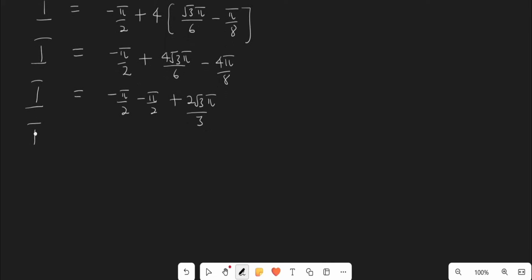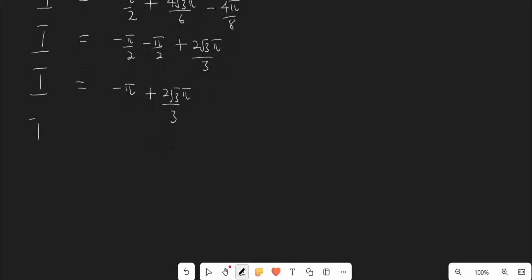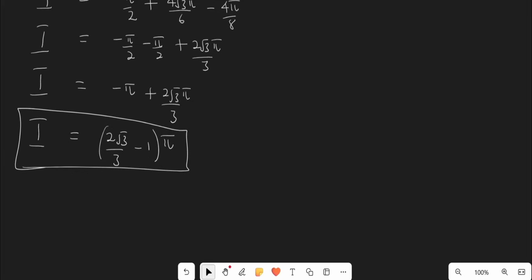Negative pi over 2 minus pi over 2 is negative pi, plus 2 square root of 3 pi over 3. And now what you have is the result for this integral, which is 2 square root of 3 over 3 minus 1, all multiplied by pi. And this is the beautiful answer to this beautiful integral.